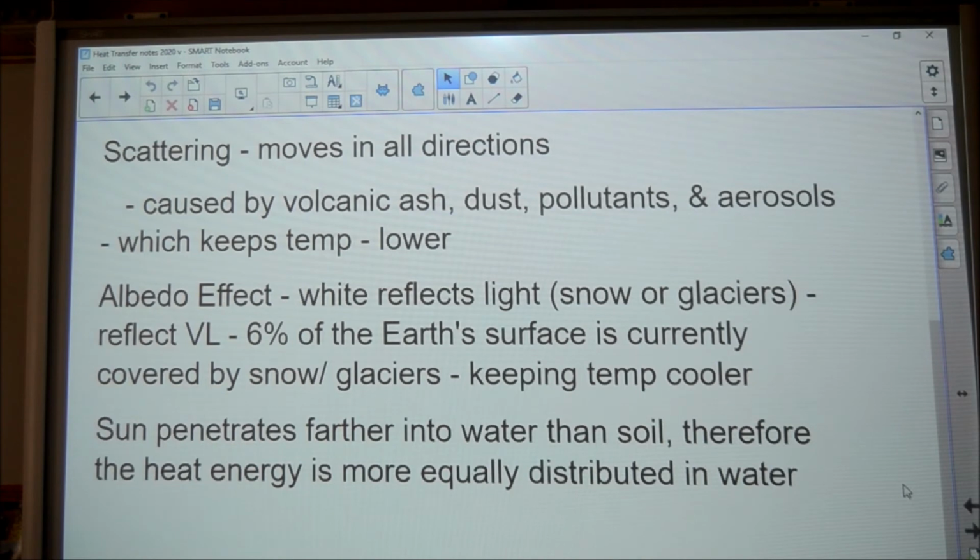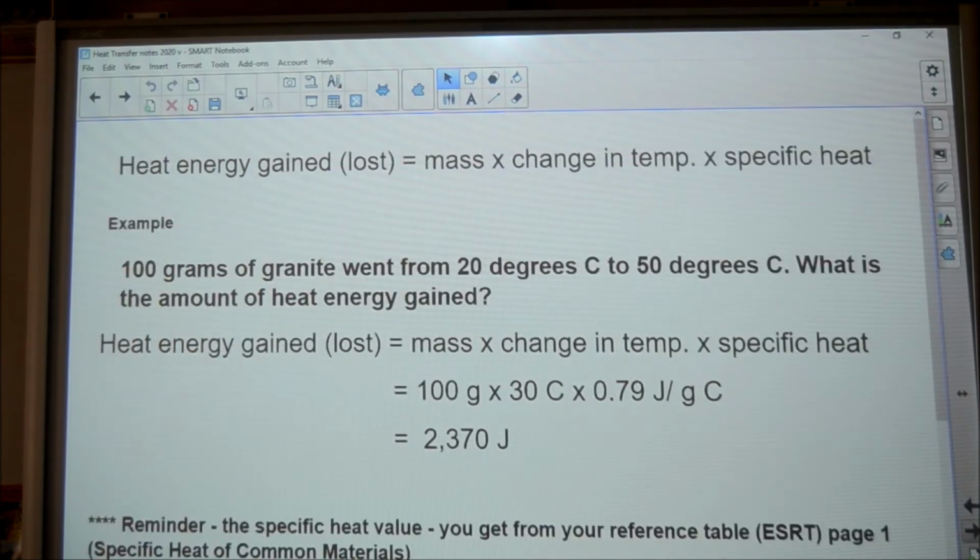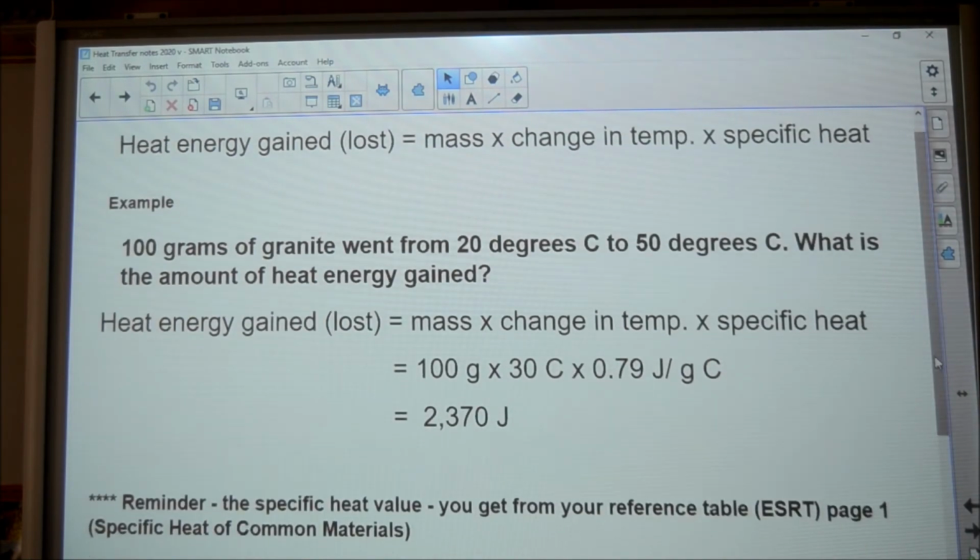Another thing, the sun penetrates further into water than soil. So the energy is going to get equally distributed into the water. You're going to heat the top of the soil much more than you are as you go down. Okay, little reminder. You're going to be doing this one in chemistry next year.